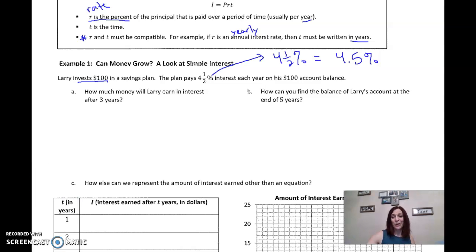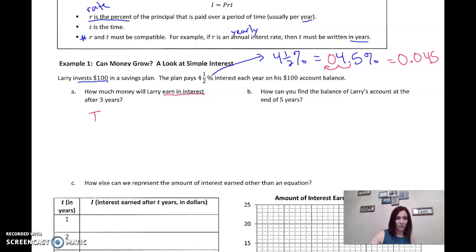And then remember, we don't use percents when we multiply or divide. So I'm going to change this into a decimal, and I do that by moving the decimal point 2 places left. So that becomes 0.045.